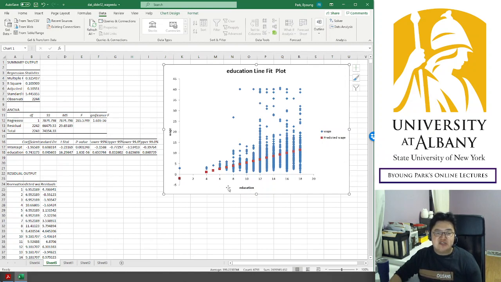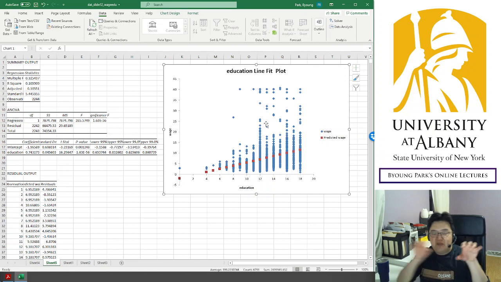Education ranges usually between 4 and 18, but there are outliers at 0, 2 observations at 0, but most of the people should be at 12, high school graduation, or 16, college graduation.